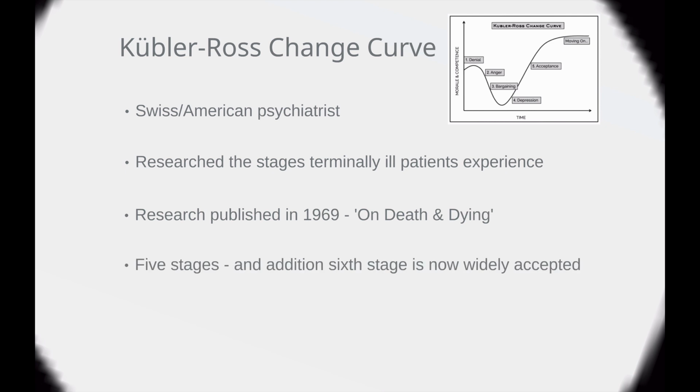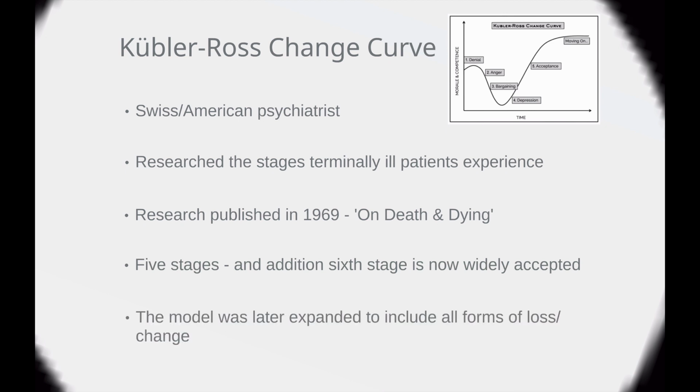And what she found was that there are actually 5 stages to grief or any major change. And it's widely now thought that there is a 6th stage, and I'll talk about the stages in the next slide. But the model was later expanded to include all forms of loss and change. So basically, no matter what the loss is, or what the size of the change is, we can go through the same sorts of feelings and the same sorts of emotions.